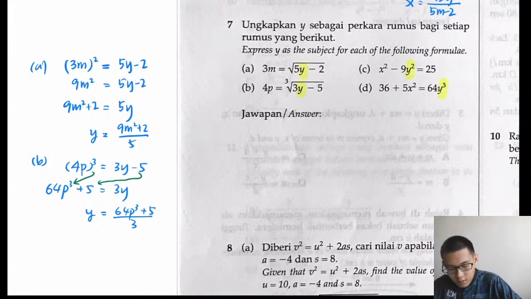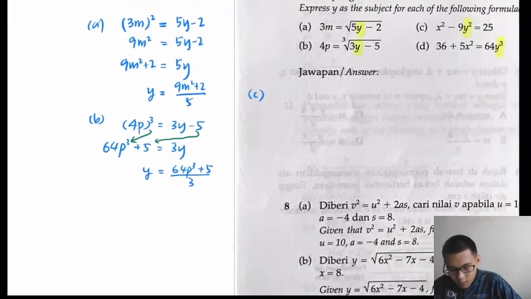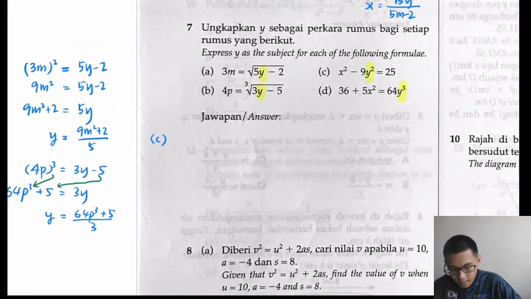So question 7C is this one: x squared minus y squared over 25. Although we know this is the difference between two squares, I don't want to factorize because the y will be separated. So we just take the y square to the right hand side, and the 25 to the left hand side.